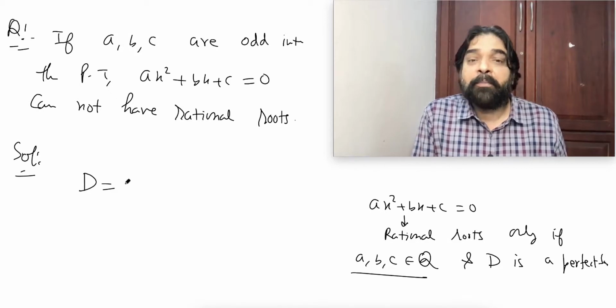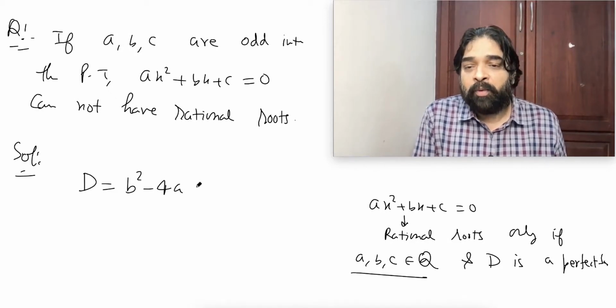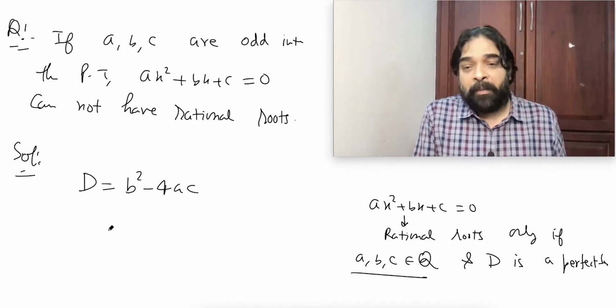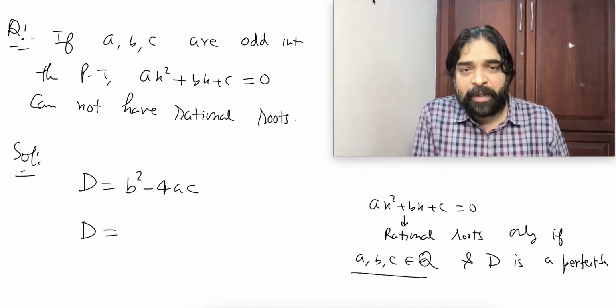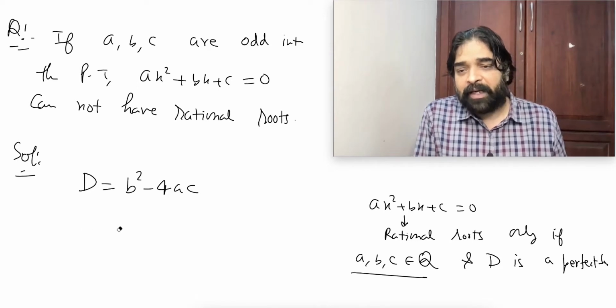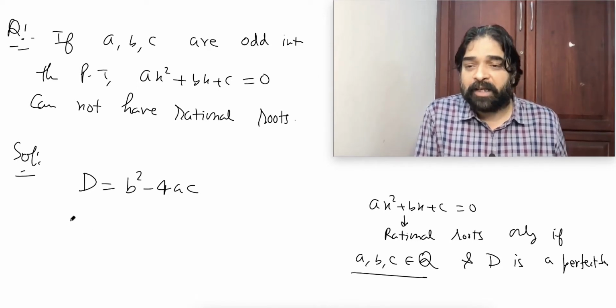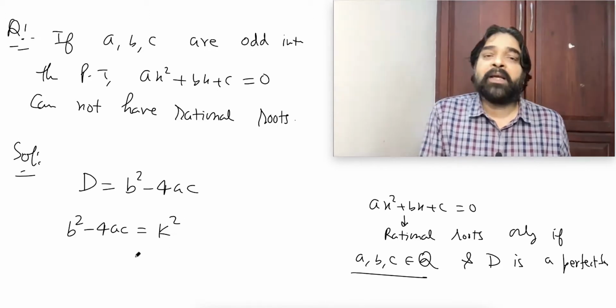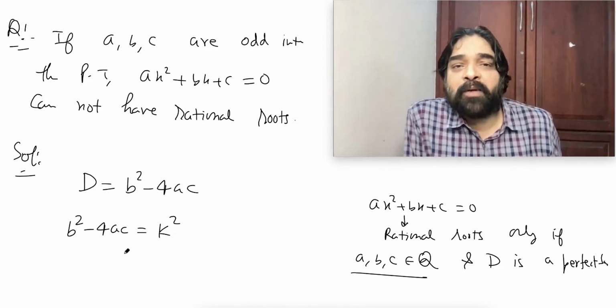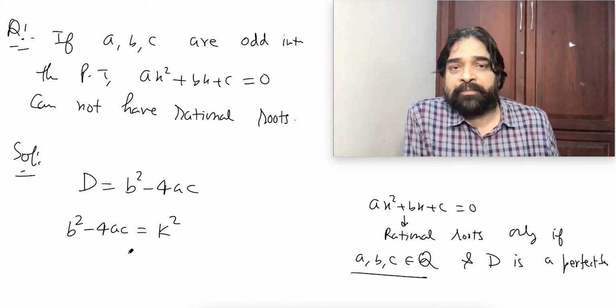D will be what? B square minus 4AC. But I'm assuming it's having rational roots. If it's having rational roots, then B square minus 4AC must be equal to K square.